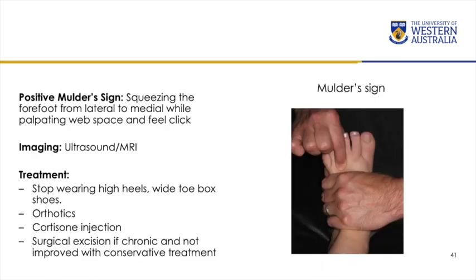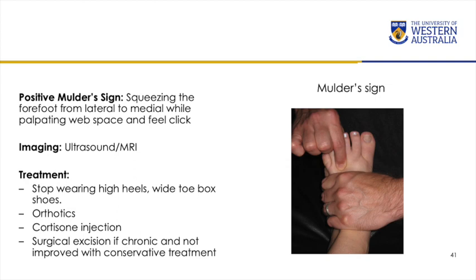It may present with a positive Mulder's sign. Here you can see the examiner performing Mulder's test, squeezing the forefoot from lateral to medial while palpating the web space and feeling a click. Imaging modalities include ultrasound and MRI.